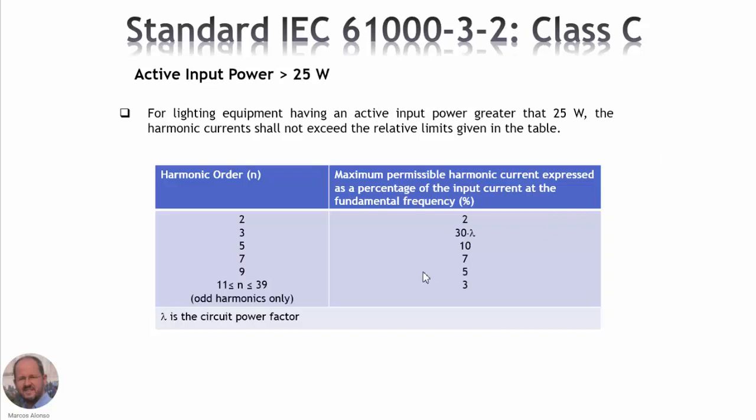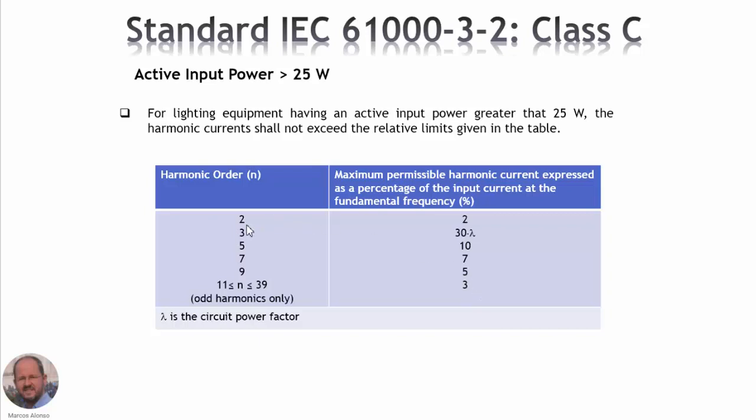We have this table here with the different limits, and what we have to do is to measure the different harmonics of the current from the second harmonic to the 39th harmonic, only the odd harmonics from the 11th to the 39th harmonic, and then this is the maximum value of each harmonic as a percentage of the input current at the fundamental harmonic.